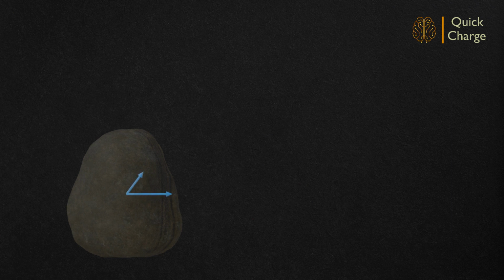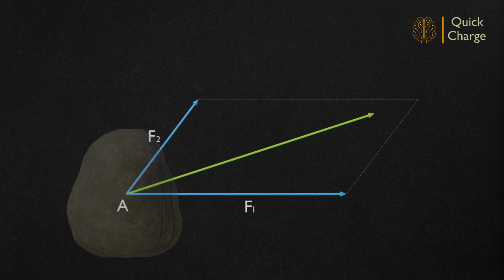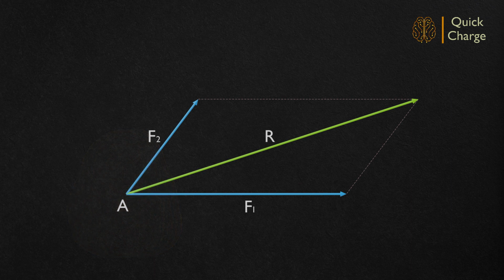As per the parallelogram law of forces, F1 and F2 acting at location A will have a resultant R. Let us discuss the analytical solution for the magnitude and direction of the resultant. Let the angle between F1 and F2 be theta, and alpha be the angle the resultant makes with force F1.